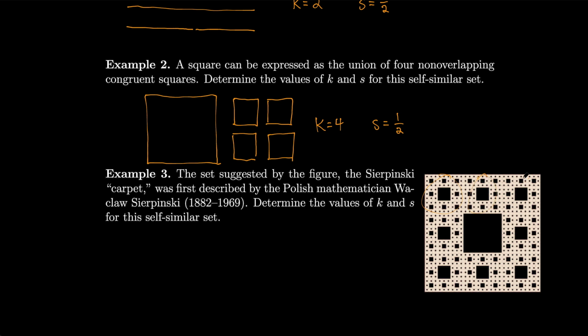Let's see, 1, 2, 3, 4, 5, 6, 7, 8. Great, so K equals 8. And each one is a scale factor of 1/3 of the original, right? This is 1/3 as long, this is 1/3 as long, this is 1/3 as long as the whole thing. So S equals 1/3.